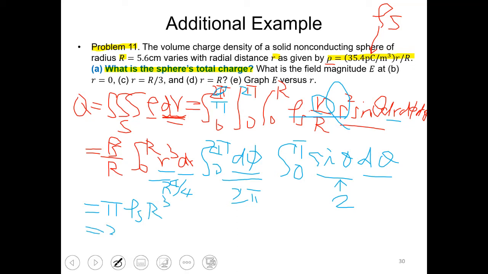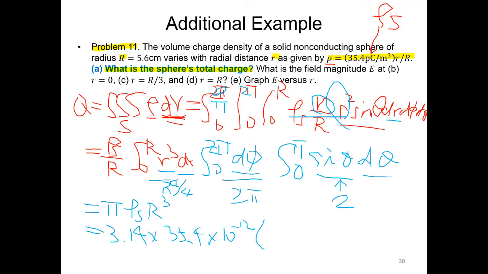You can substitute 3.14 times rho s, which is 35.4 times 10 to the minus 12, and then R cubed, where R is 5.6 centimeters, which is 0.056 to the 3rd power. So it turns out to be 1.95 femtocoulombs.